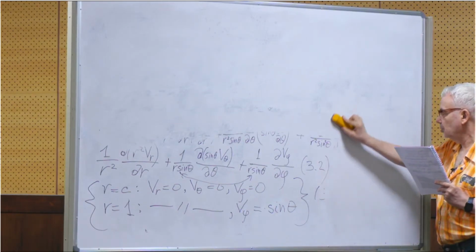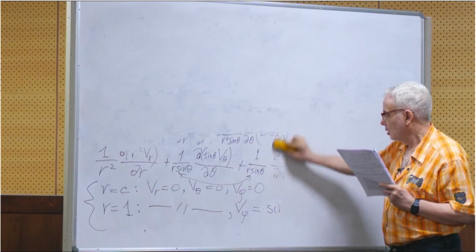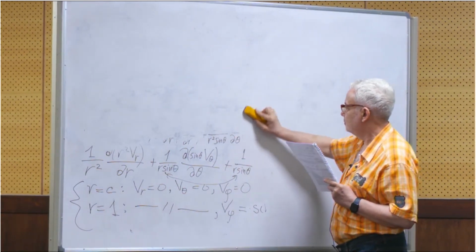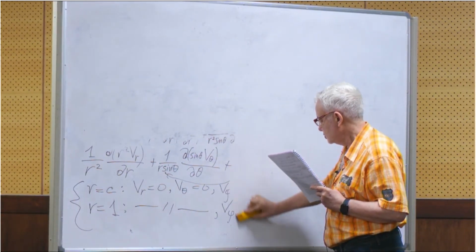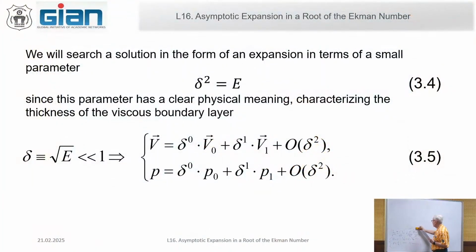So I will show you right now how it works, but first we will show the expansion, and I will comment, of course, on how it works, after I remove all the stuff from the blackboard.